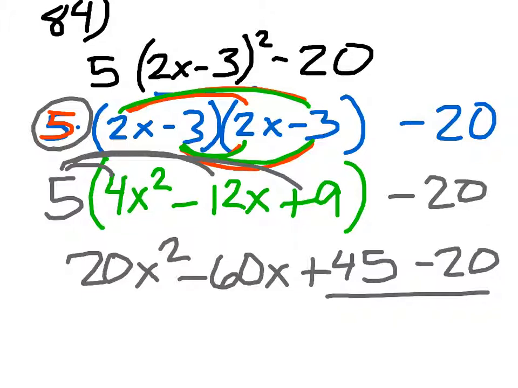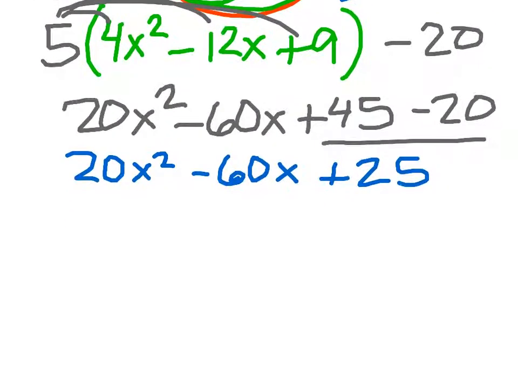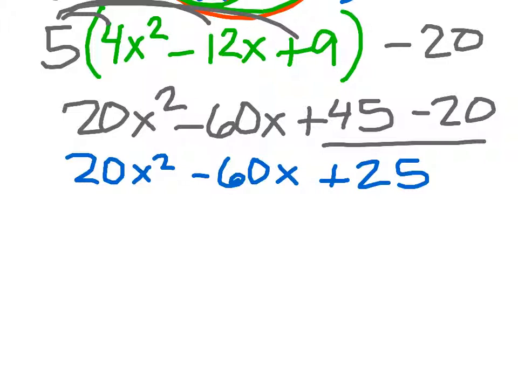So what we have in standard form is 20x squared minus 60x plus 25. And now that we've got it in standard form and combined all the like terms, it's interesting to see that really the only thing I could pull out of every term here is a 5.